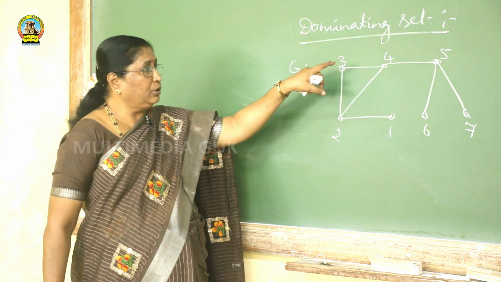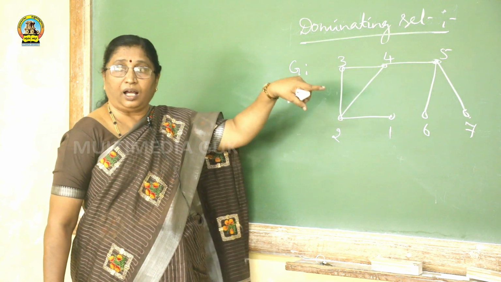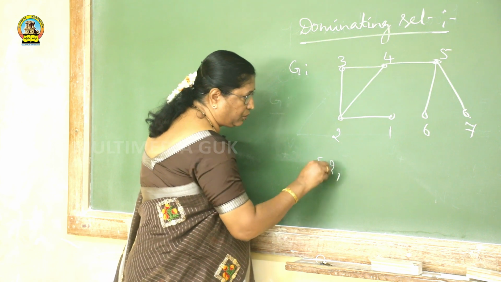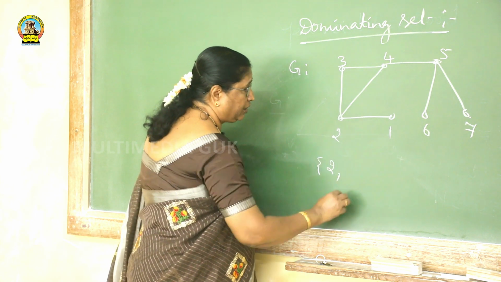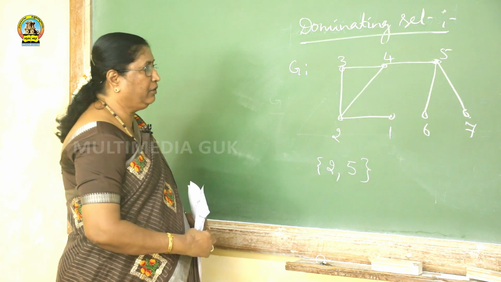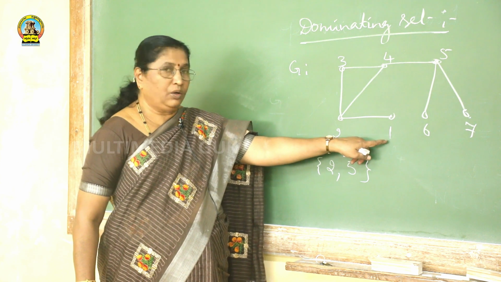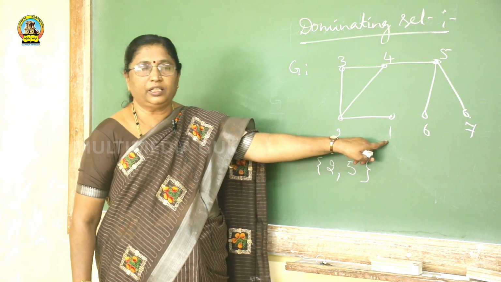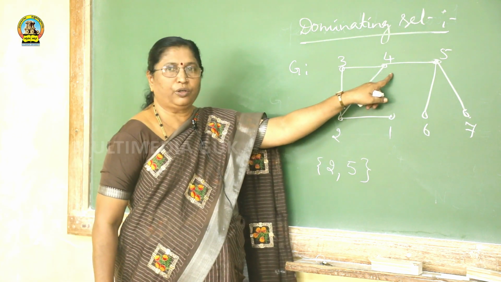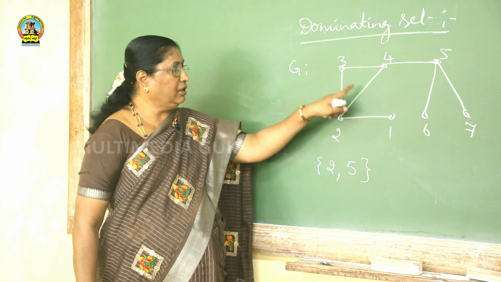With this you can write a set containing those vertices such that all the vertices in the graph are dominated by another vertex. For example, consider the vertex 2 and the vertex 5. Vertex 2 is adjacent to 1, 3, 4, so it dominates 1, 3, 4.